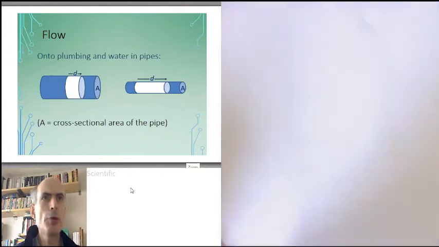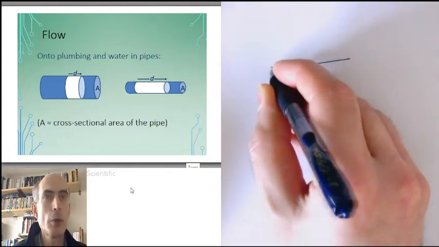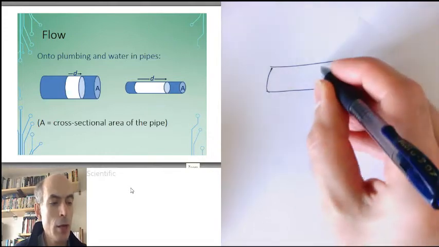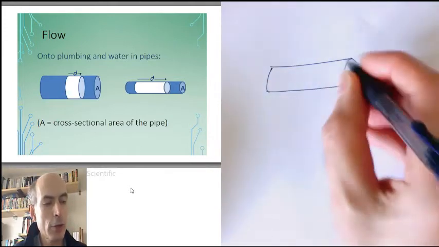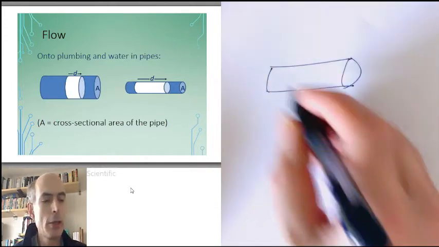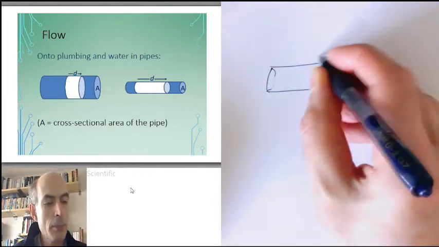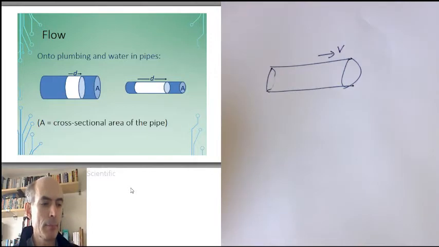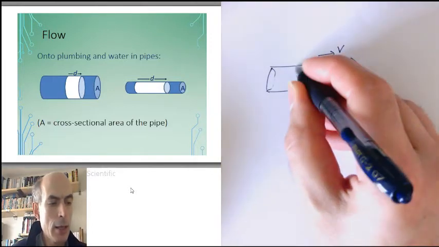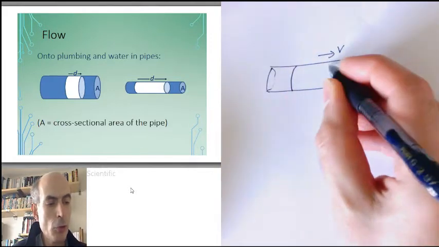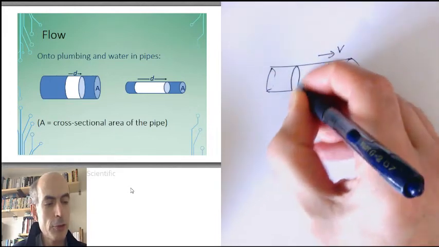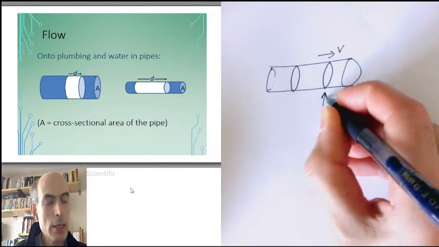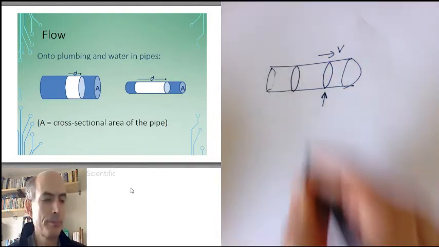The first concept I need to talk about is flow, rate of flow. Now, supposing I have a pipe, like one of the ones on the slide, and water, or whatever the fluid is, is flowing along it at a speed v. Let's consider the volume of fluid that passes a certain point in the pipe in a 1 second interval.